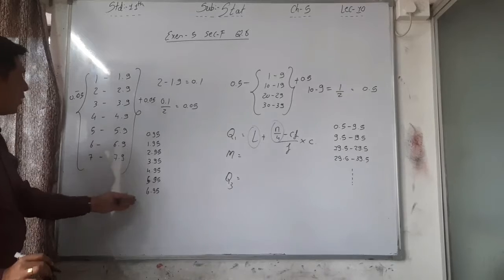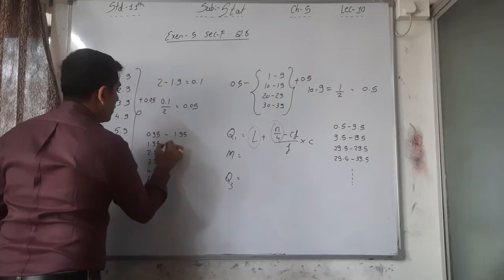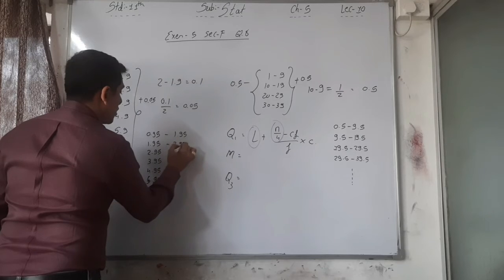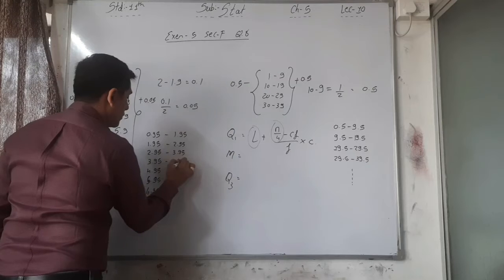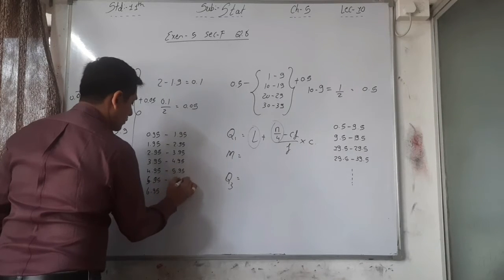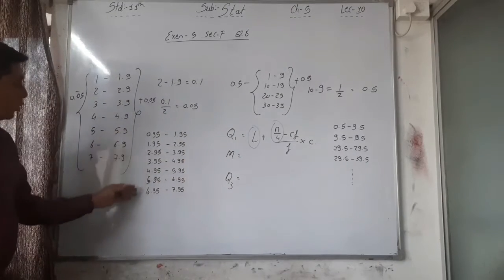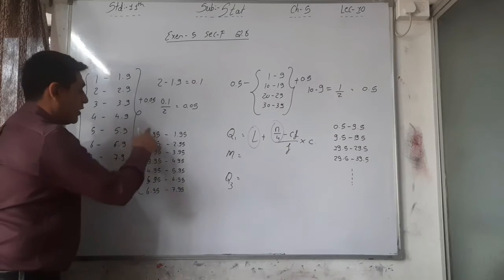These are the starting values, the lower class boundaries, and these are the upper class boundaries of these classes, and from these you can now write.